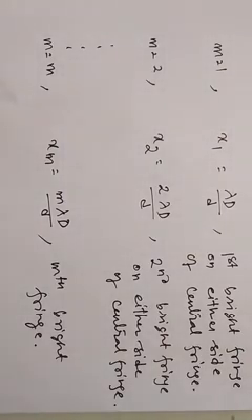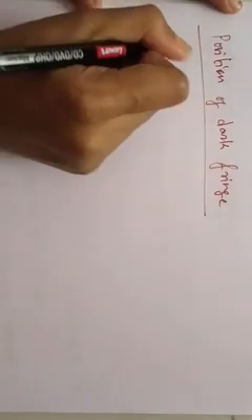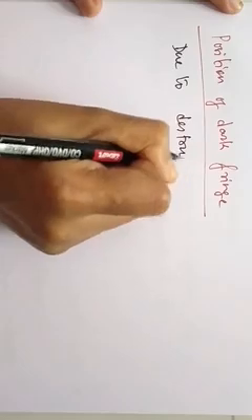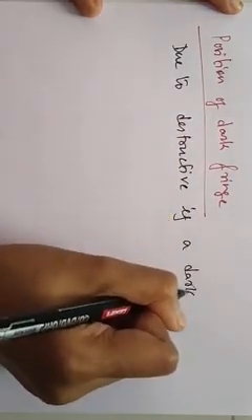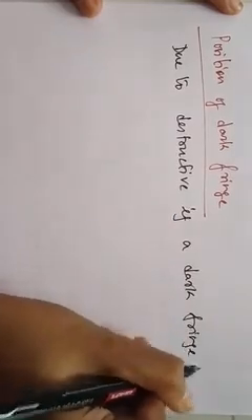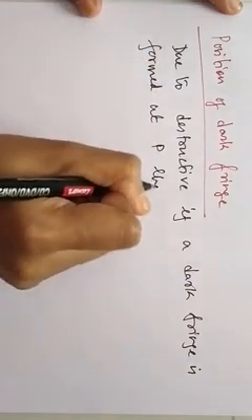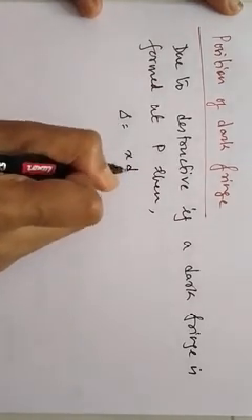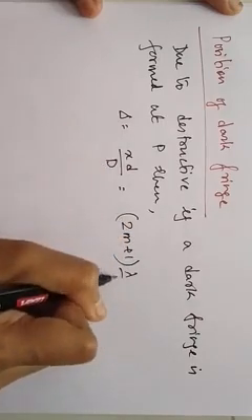Okay, so in this way we can also find the position of the dark fringe. Only the condition for the dark fringe will be different. So similar to bright fringe, due to destructive interference, if a dark fringe is formed at point P, then the path difference xd by D will be equal to 2m plus 1 into lambda by 2.